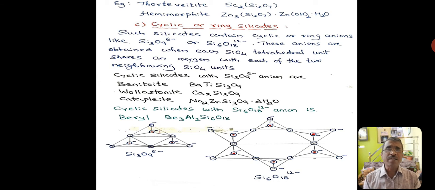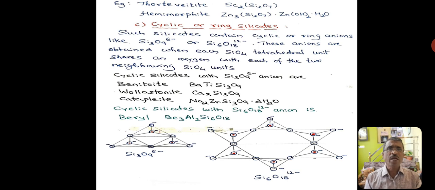Similarly in Si6O18, the charge is -12. So 18 minus 12 will be 6, therefore 6 oxygen atoms are utilized in the formation of a chain, and the charge becomes 12 minus. An example of this type is benitoite.